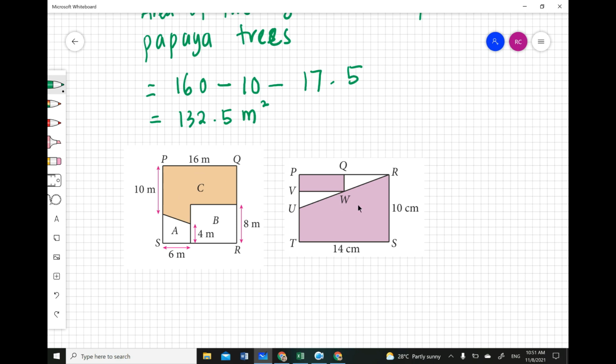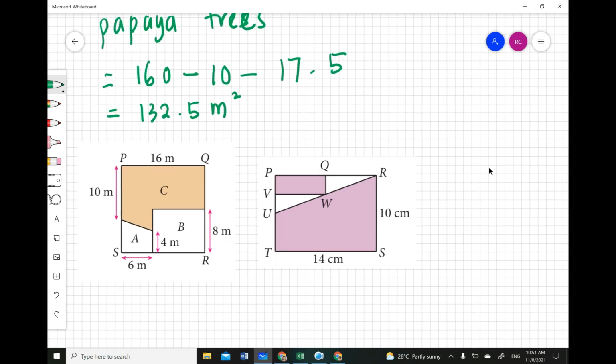Okay, now if you look at this figure here, we have two shaded regions. Can you tell me how to get the area of these two shaded regions? Always use the whole diagram. Make use of the whole diagram.